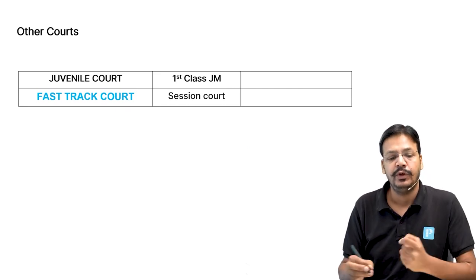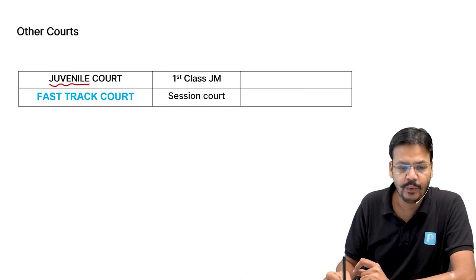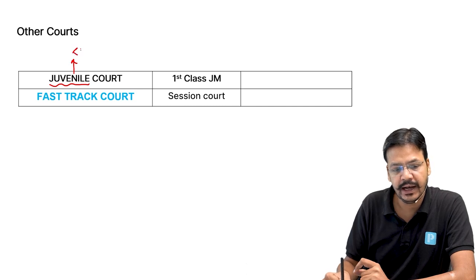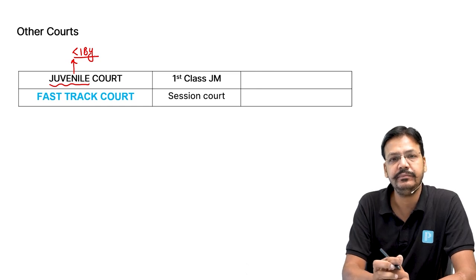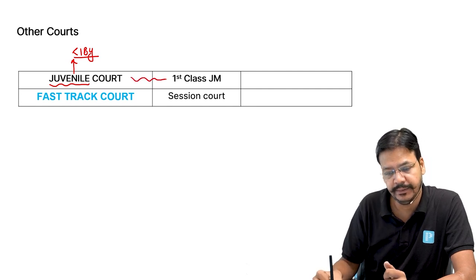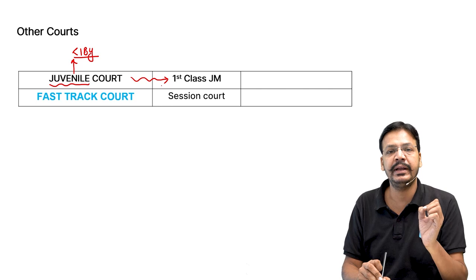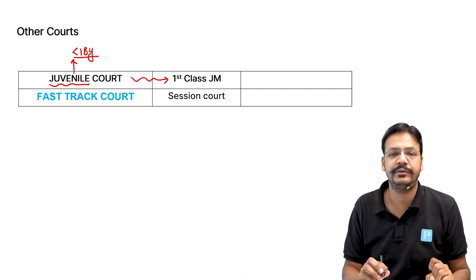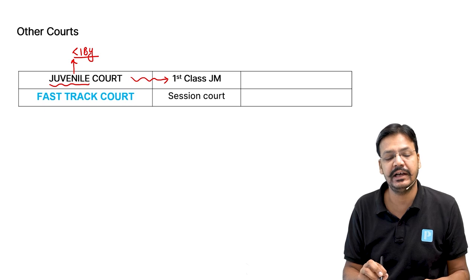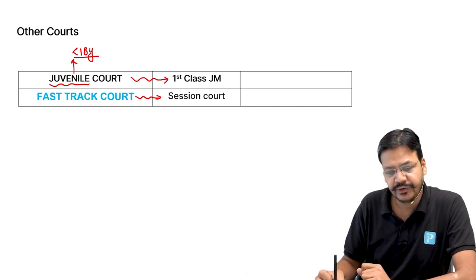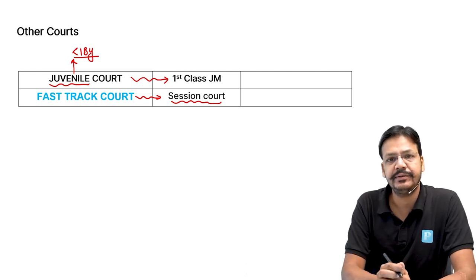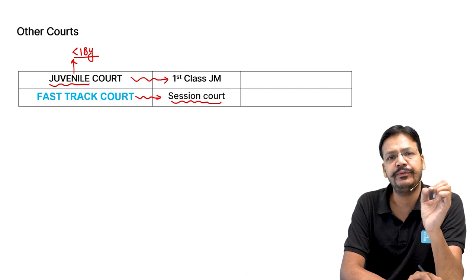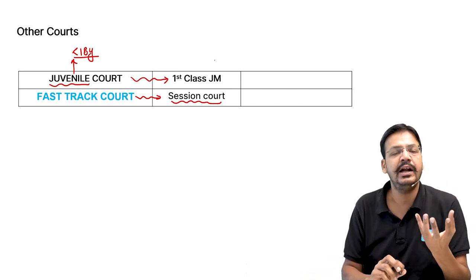Now, sir, juvenile. First you have to remember, what is juvenile? Juvenile is a child below 18 years of age. And who is the magistrate of juvenile court? The magistrate of juvenile court rank is first class JM. Fast track court is of the ranking of session court. So friends, listen very carefully. The juvenile is a child below 18.